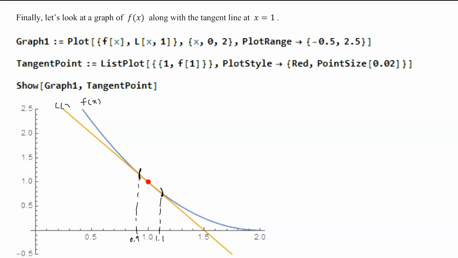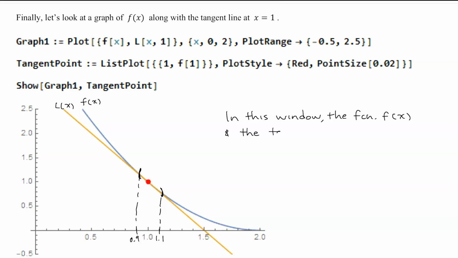Once I move beyond, further from one than that on either side, then I can start to see the function and the tangent line separating from one another, right? And that of course depends on the window, how much over what input interval you can't distinguish between the function and the tangent line.